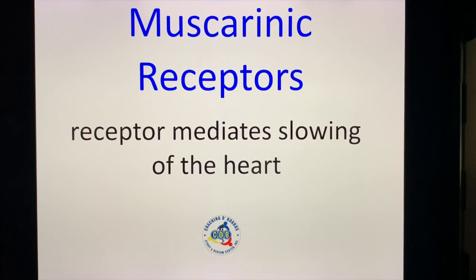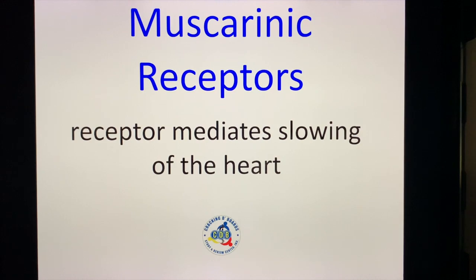Now, I want everyone to remember basic autonomic principles. Always remember the parasympathetic nervous system, which would be muscarinic receptors. This is inhibitory to the heart. So the receptor that mediates the slowing of the heart is your muscarinic receptors.